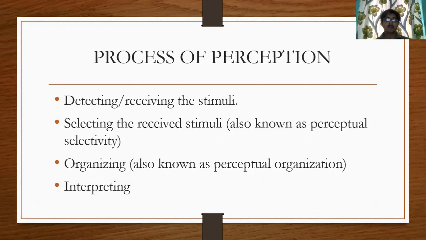Selecting the received stimuli, this is also known as perceptual selectivity. Now, you might have received multiple stimuli together. For example, you can take the previous example. A kid has touched a hot utensil, maybe a hot kettle placed on an oven.